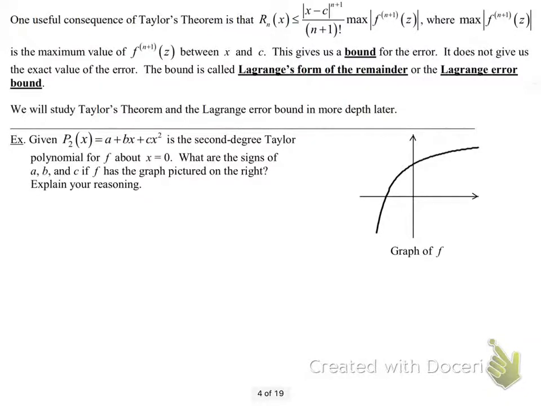We'll study that more later, but I've tried to put it in super general terms because you're not ready for the whole kit and caboodle. So just know that there's some sort of upper bound that can easily be defined, and that upper bound is going to be greater than or equal to the remainder, and you won't be able to find the exact error.